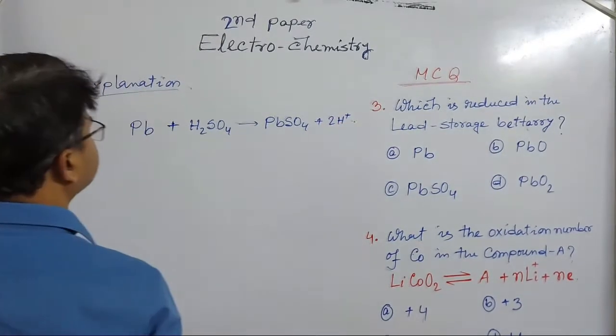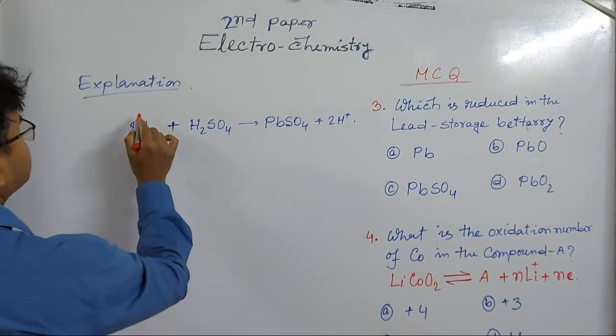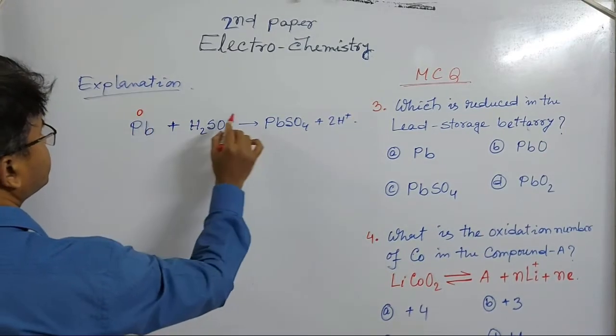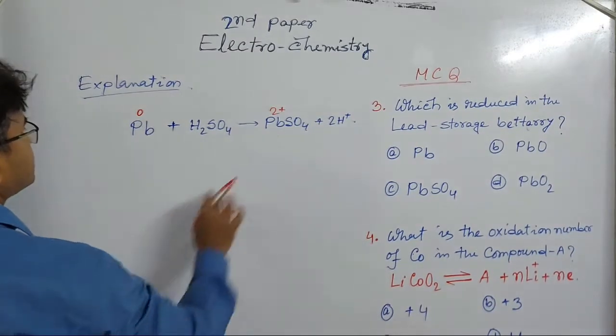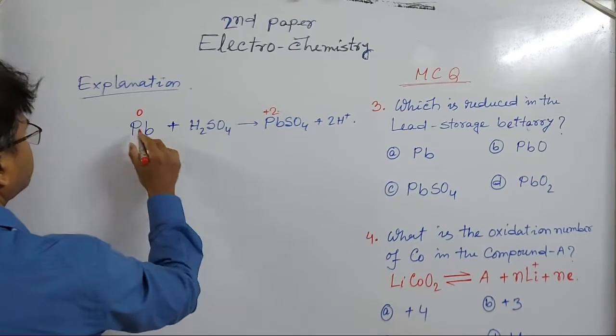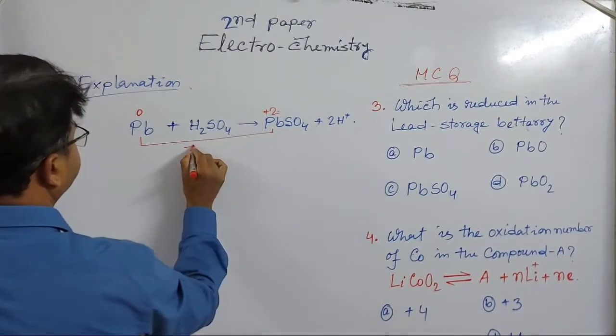And if you observe the oxidation number of lead, we will see that the oxidation number of lead is increased from 0 to plus 2 by releasing 2 electrons.